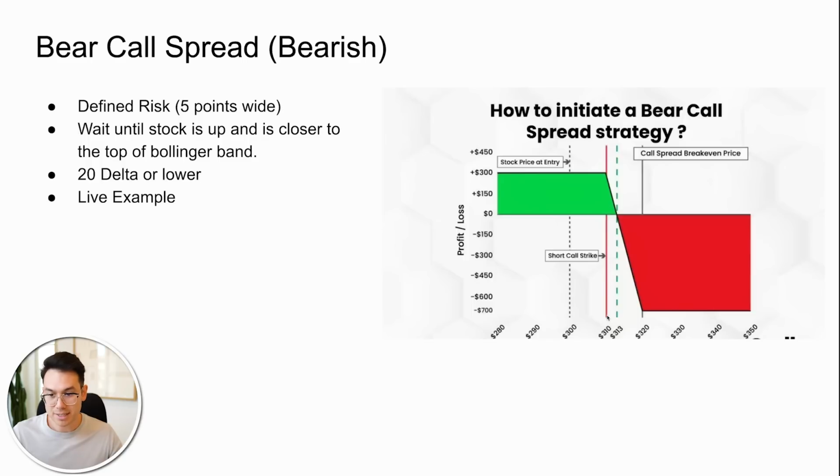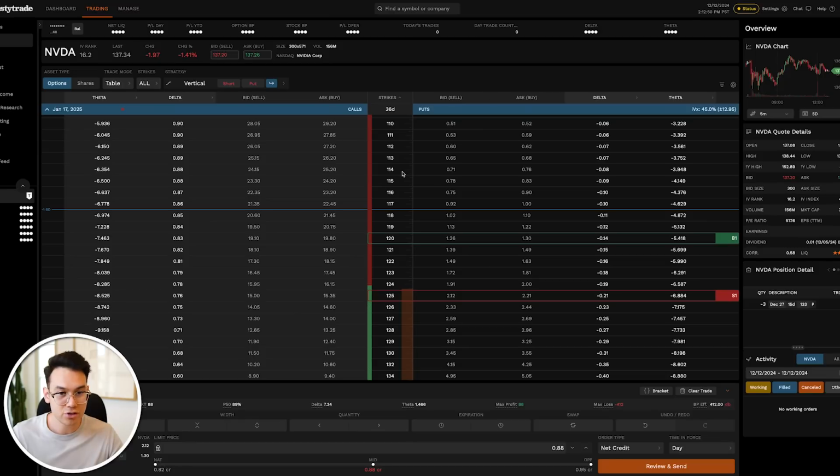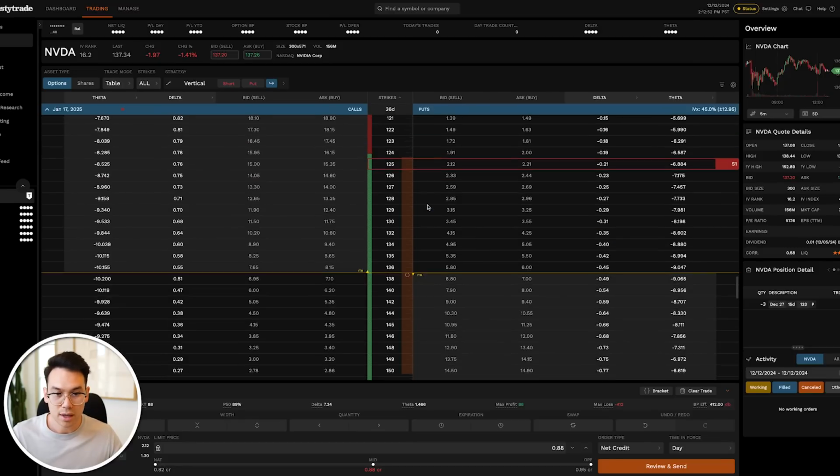We're going to sell the 310 and buy the 315. Right? So as long as the stock stays below that, we are good. We're going to make our money. Always wait until the stock is up and closer to the top Bollinger Band to enter this trade, 20 delta or lower. All right. So let's go ahead and go to Tasty Trade and do the trade.